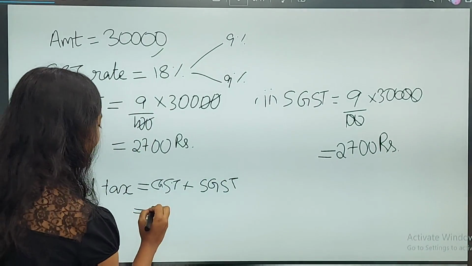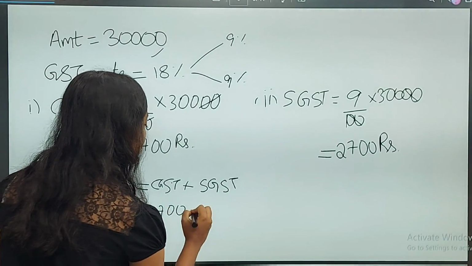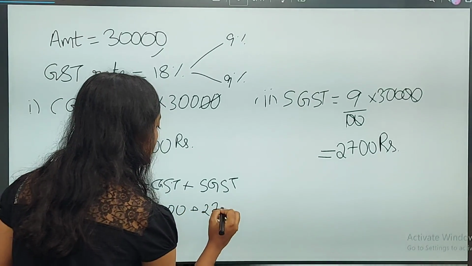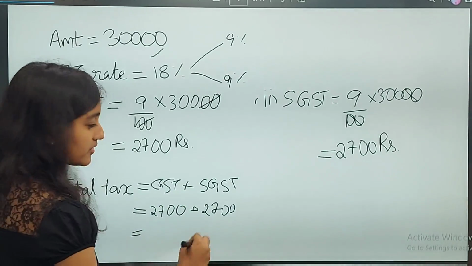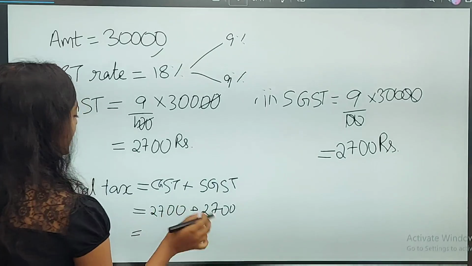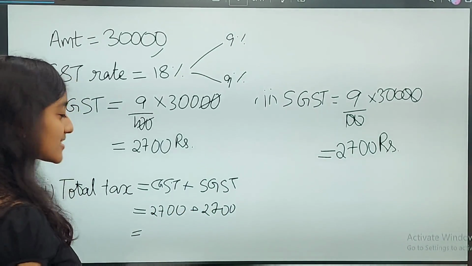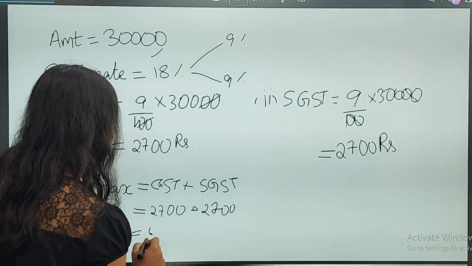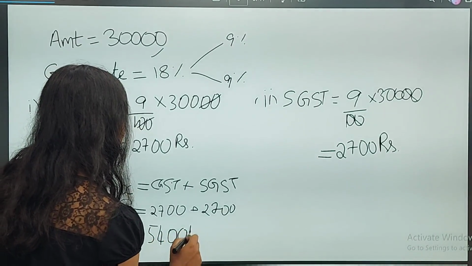So it is nothing but 2,700 rupees plus 2,700 rupees. Just listen to what I'm saying carefully. So 2,700 rupees plus 2,700 rupees is 27 plus 27 is 54. So you have 5,400 rupees.